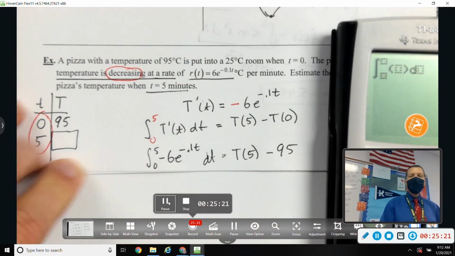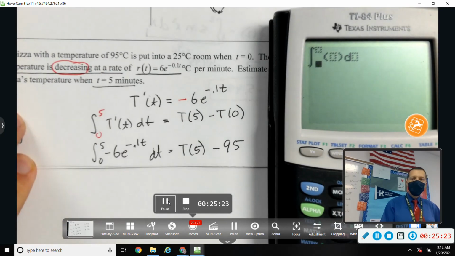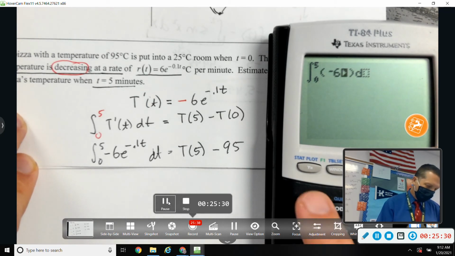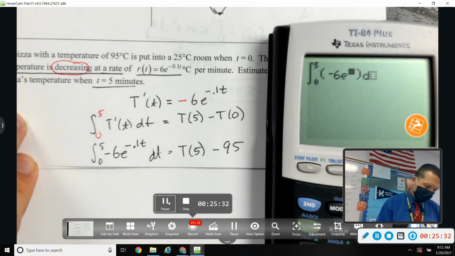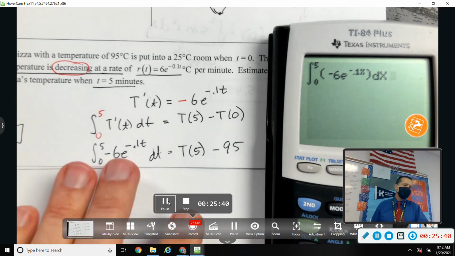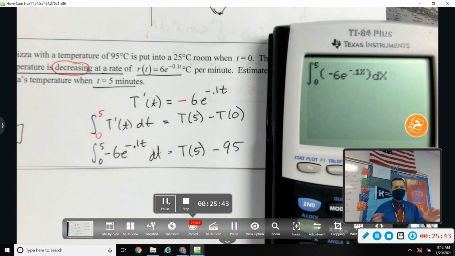Math 9 will be your best friend for this unit. 0 to 5, negative 6, e to the negative 0.1x. And again, your calculator doesn't care what letters you use. So this is in T, but we're in X's in the calculator. It doesn't matter. You could actually use T in both of those, but probably safer to use X.